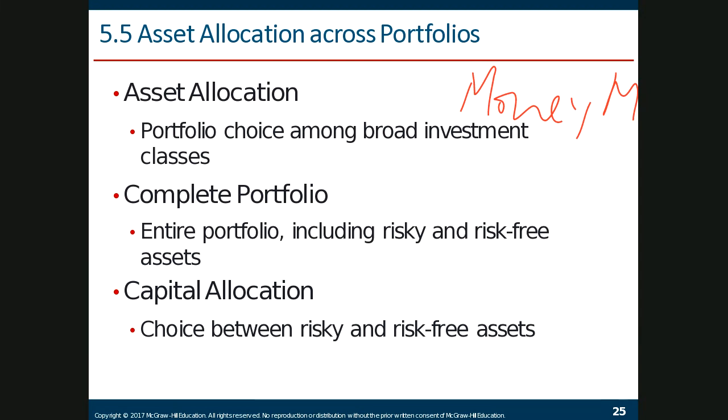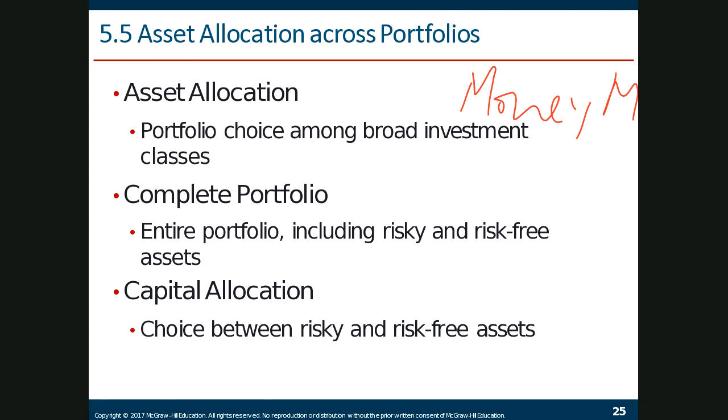Asset allocation across the portfolios is the next topic. So we understand the risk, we understand the return. Now, if we want to have an overall return, then we need to have a portfolio that gives you the appropriate risk and optimally allocates your capital between the risk-free or money market and the risky assets.